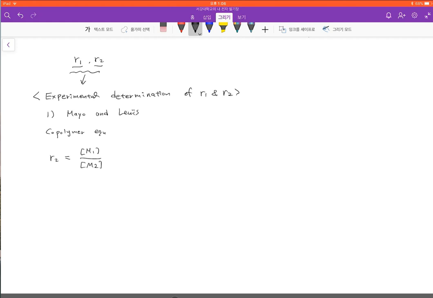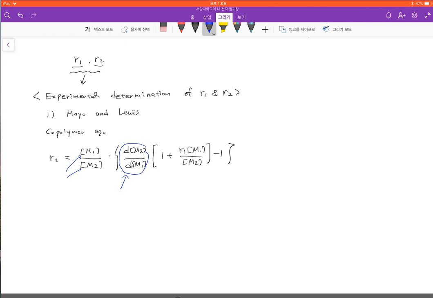If you rearrange it as a function of reactivity ratio R2, for example, R2 can be written as M1 over M2 times dm2 over dm1 times 1 plus R1 M1 over M2, minus 1.